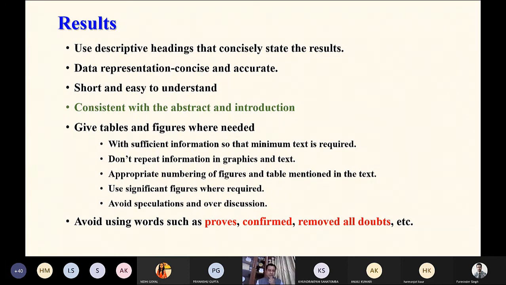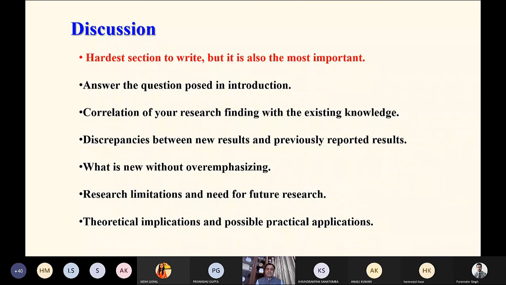Even with secondary data, like the financial statements used by us, if in the next year we use the same statement, the results would be different. So that's why we have to avoid using these words in the result section of the research manuscript.